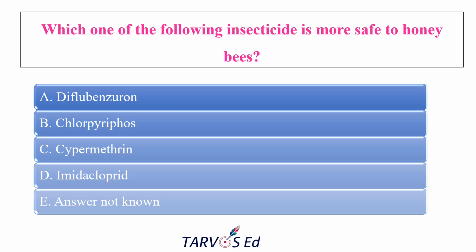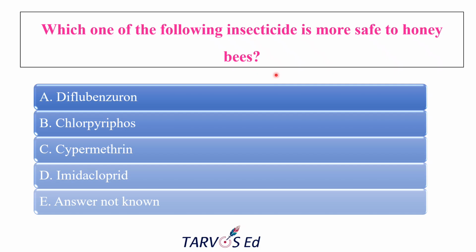The next question is: which one of the following insecticides is safer to honeybees? Why does honeybee safety matter? Insecticides are generally rated by their toxicity, right? Most insecticides pose toxicity to honeybees, based on LD50 values and field values.